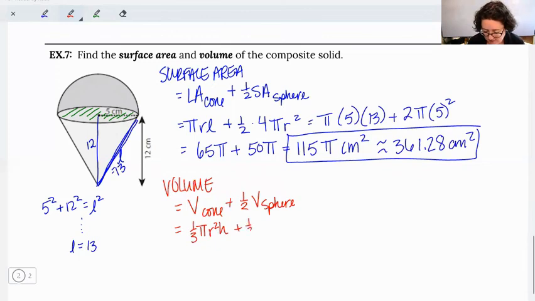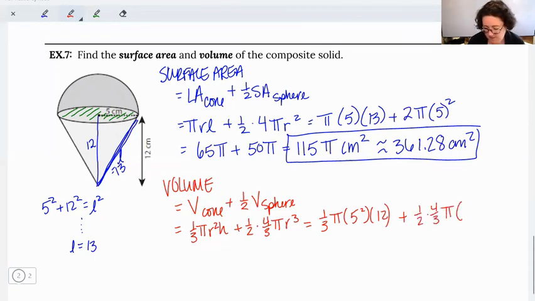And then 1/2 volume of a sphere is 4/3 pi r cubed. Plug in our info and we're good to go. So we have 1/3 pi times our r squared, in other words, 5 squared, times our h, which is 12, plus 1/2 times 4/3 times pi times our radius cubed.